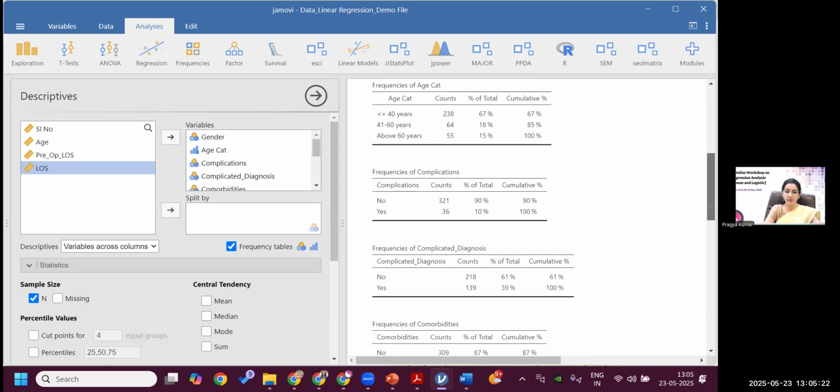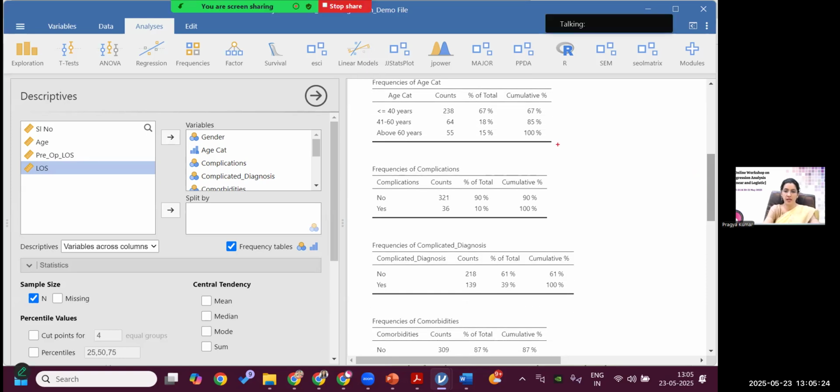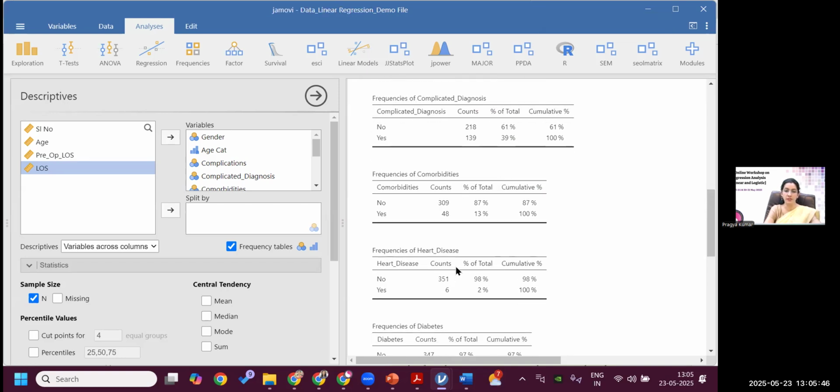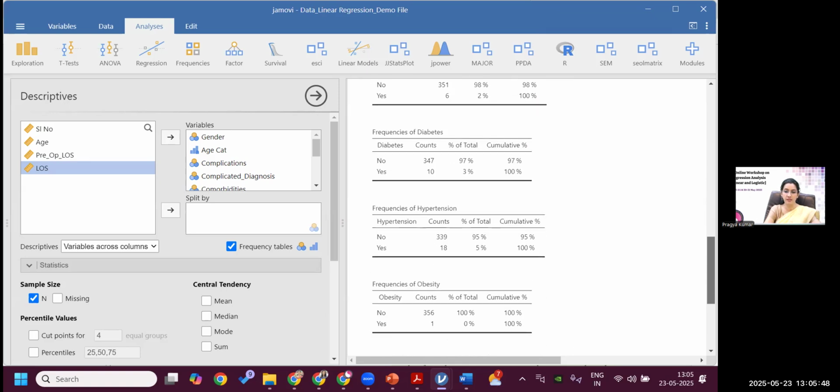For complications, 90% had no complications and 10% had complications. For complicated diagnosis, meaning complicated appendicitis, 61% were uncomplicated and 39% were complicated. If you come down, these are the other comorbidities. So just the descriptive statistics.